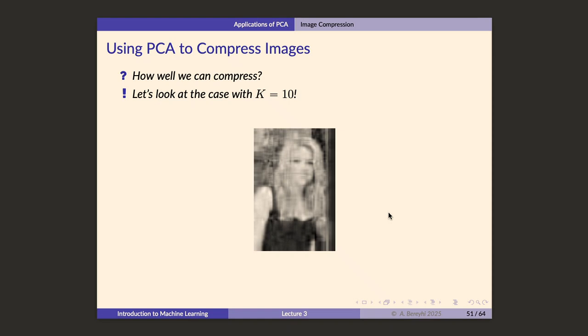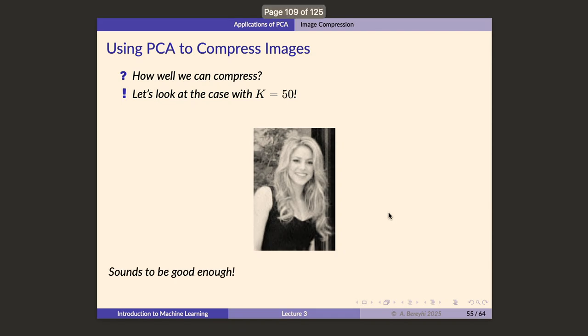Then it's going to improve in resolution. So here K is 10, meaning that every one of those columns which have 300 pixels, I am going to drop into 10 different pixels, keep those, and whenever I want to reconstruct, I multiply those 10 pixels by matrix U, and then I get back to the original image. And if you start to increase K, you're going to see that it's getting better and better.